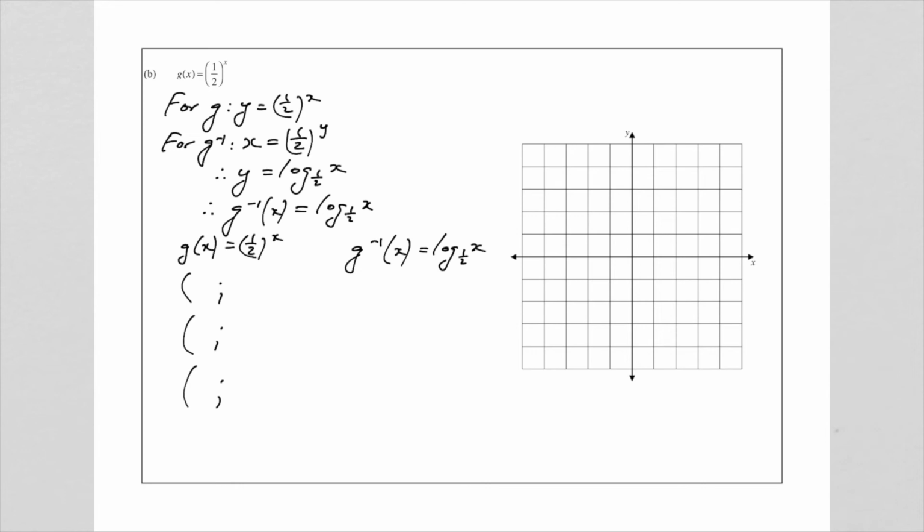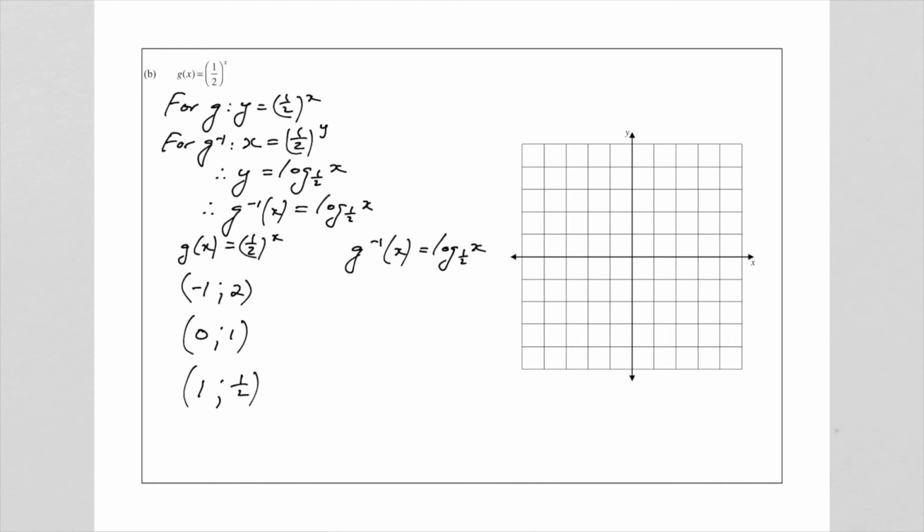So let's start with g, and we go for x as -1, then x 0, and then x equal to 1. Now when x is -1, you hopefully will agree that y will be 2. When x is 0, any base to the exponent of 0 is always 1. And then when x is 1, y is 1/2.